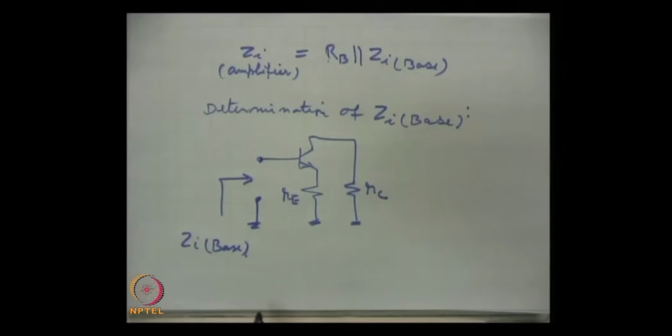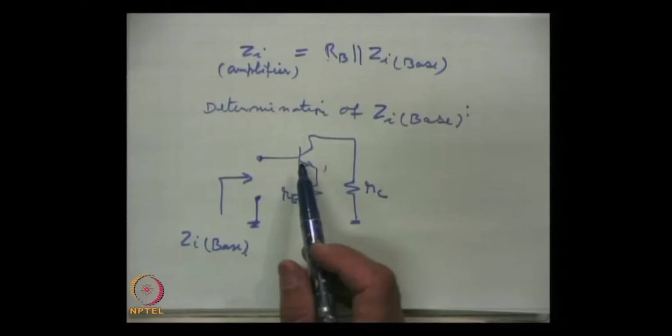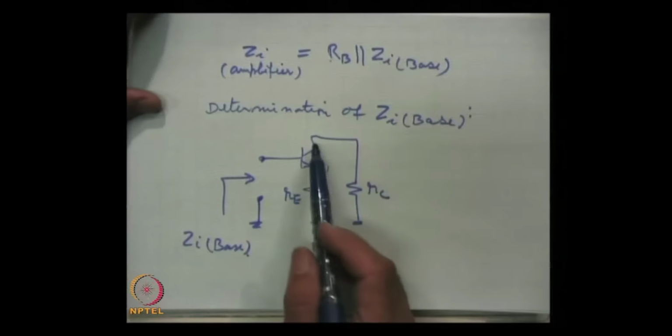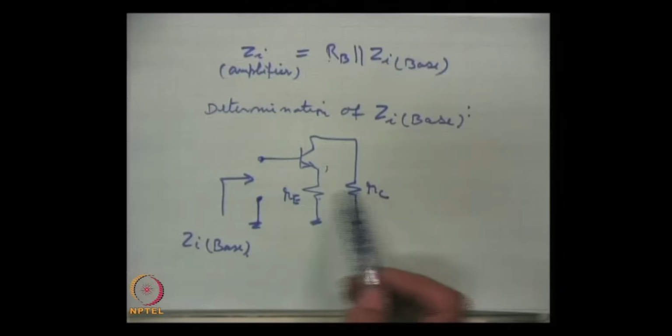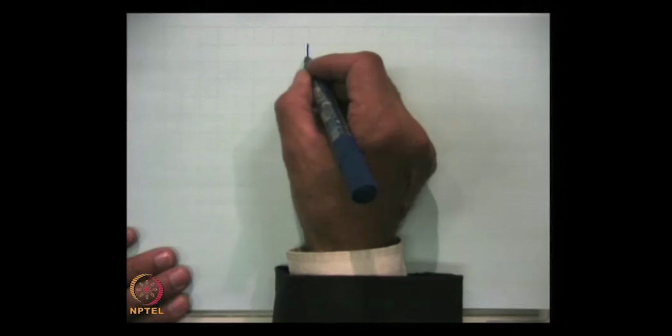We replace the transistor by its model, which we have earlier used. By replacing, we retain these 2 resistances, and let us see what we get. When we replace that with the model, we get this one.